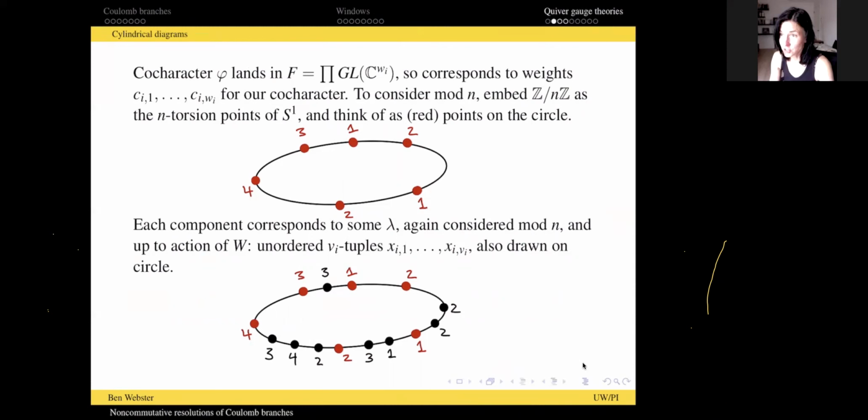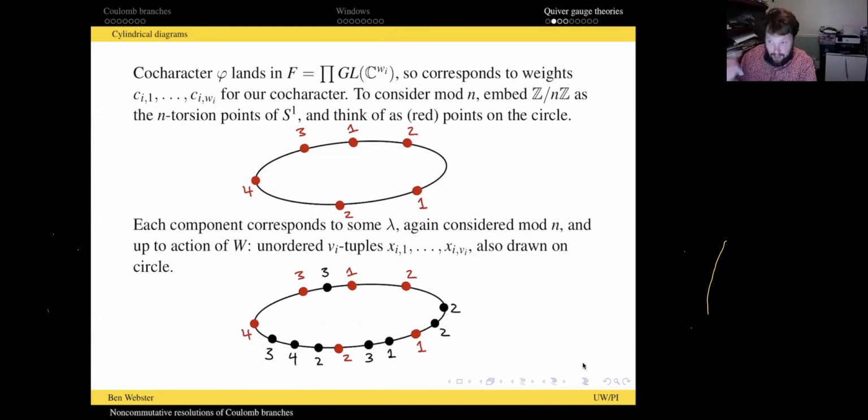So now I look at my fixed points for this mod n action. Remember, the reason I'm thinking about this on the circle is I'm only looking at fixed points of the n torsion inside my S1 or my C star. And as we discussed, the components of these come from, for each V_i, looking at an unordered V_i-tuple of residues mod n. And so I can also represent those by putting them on the circle. And I need to remember which node in the quiver they correspond to.